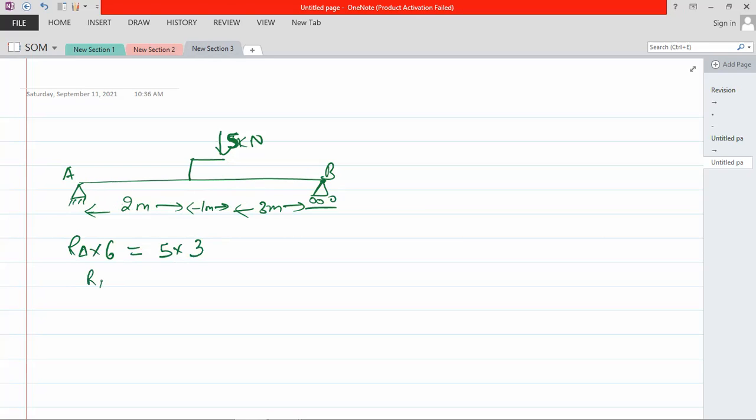Then RA will be 15 by 6, or 5 by 2, that is 2.5 kilonewton. Is it okay? Now RB will also be 2.5 kilonewton, because the load is 5 kilonewton.